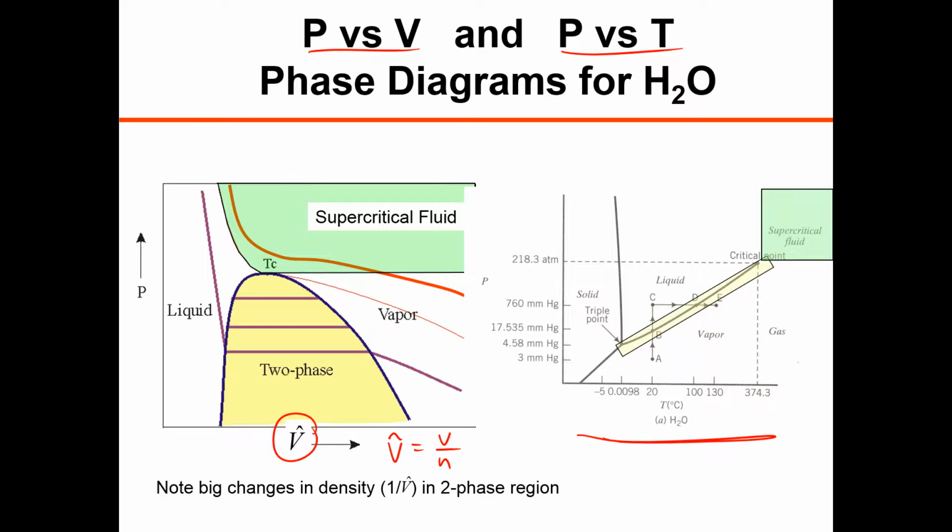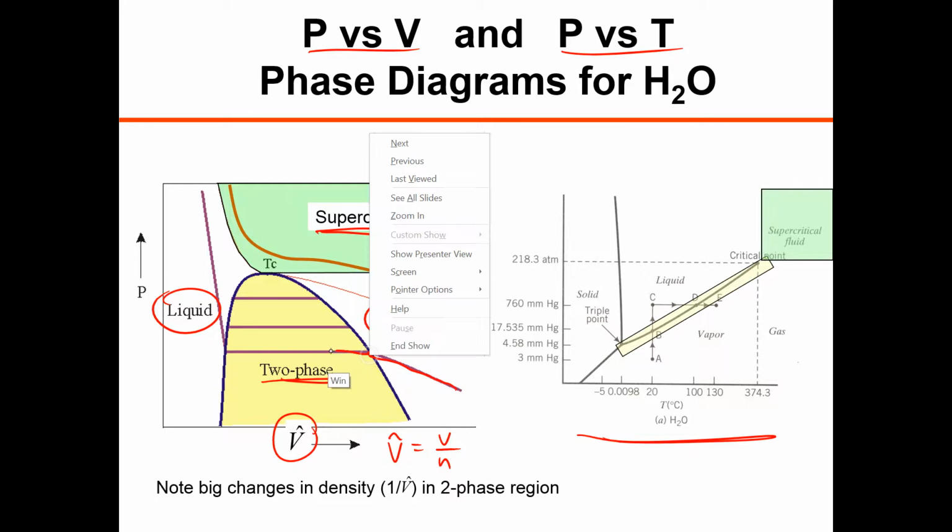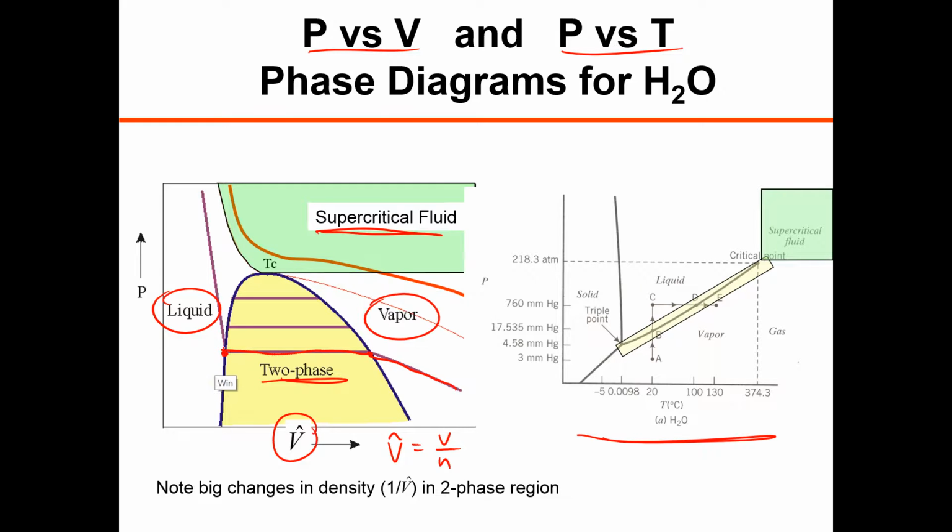In this region we have our supercritical fluid, and then we have liquid on this side, vapor on this side, and this is our two-phase region. As we increase the pressure, for example, we start increasing here, and it's going to transition from a vapor to a liquid, and then it's going to start compressing the liquid.